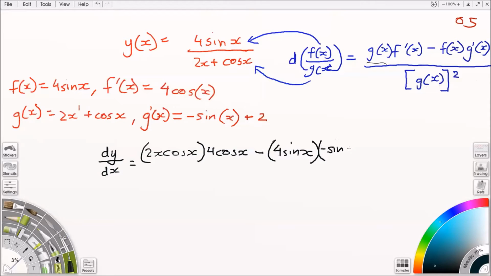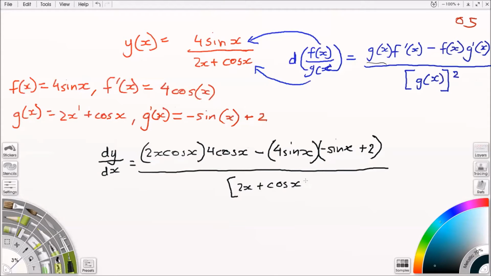That way the minus doesn't sort of confuse us. And then all that is over g of x squared.